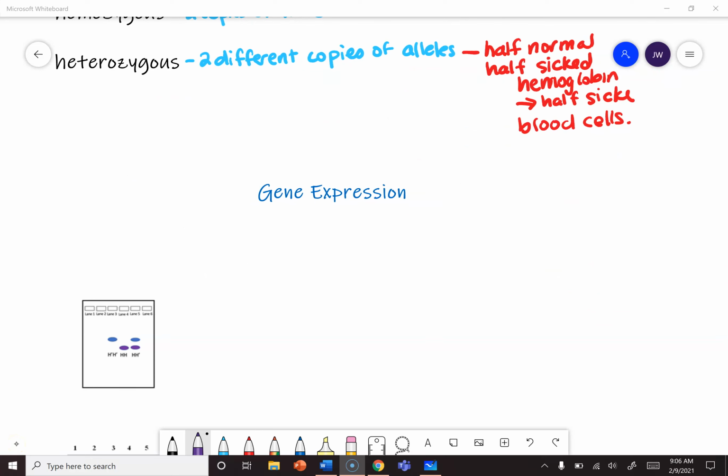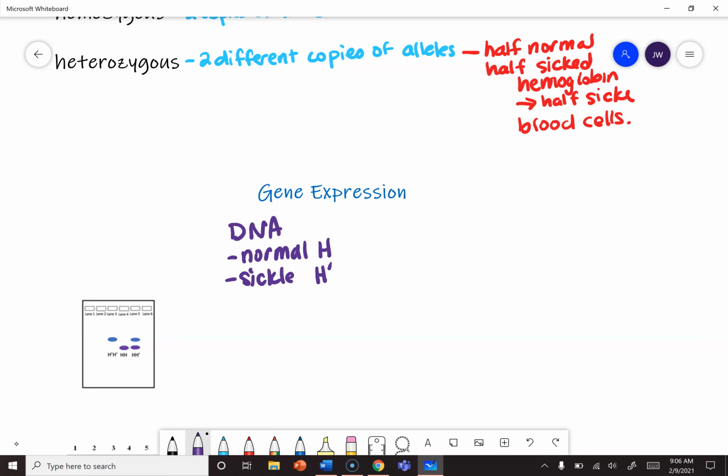So let's talk about how this half normal, half sickled hemoglobin relates to the process of gene expression. In our DNA, we might have a normal hemoglobin allele and a sickle hemoglobin allele.